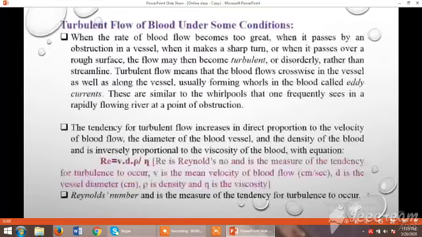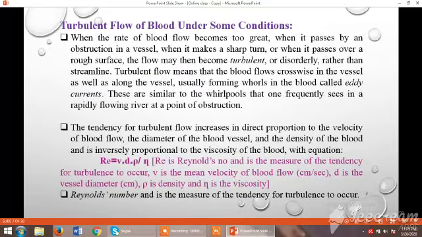Next, we are going to discuss turbulent flow. Normally, this is a pathological one. When the normal laminar, streamline flow meets an occlusion, there is turbulence, which produces heat and changes in actual perfusion pressure.